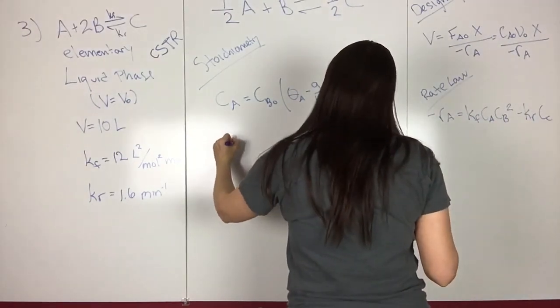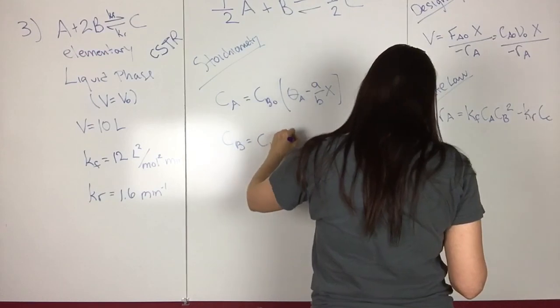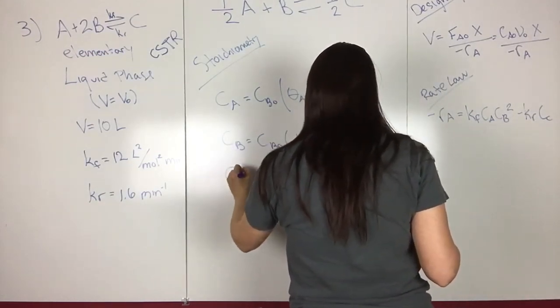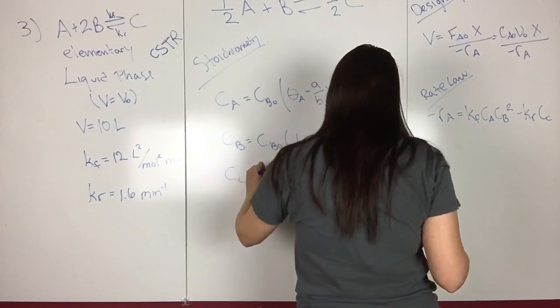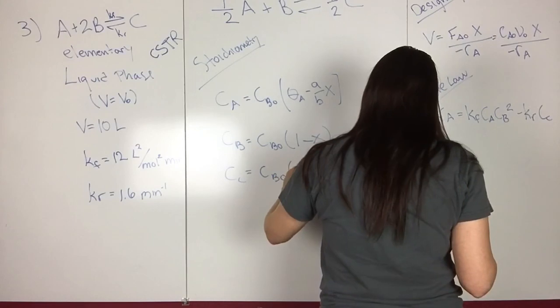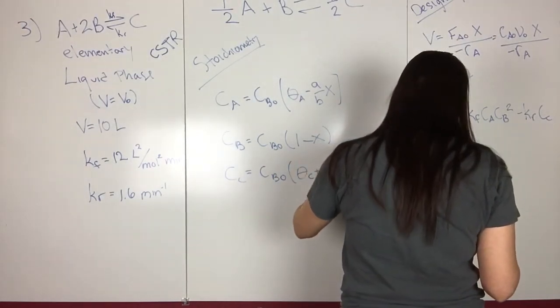So CB is equal to CB naught 1 minus X, and CC is equal to CB naught theta C plus C over B X.